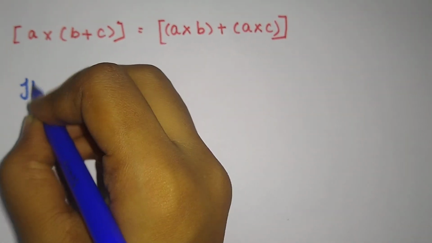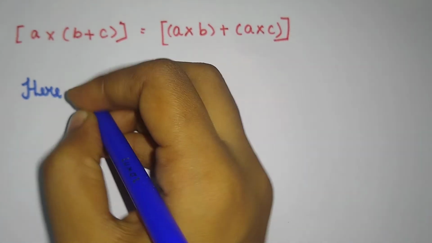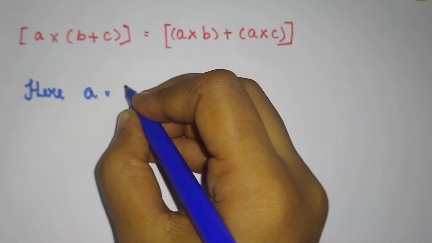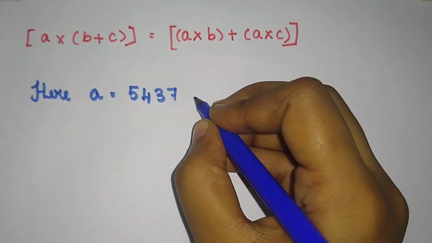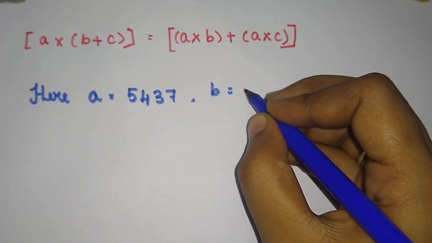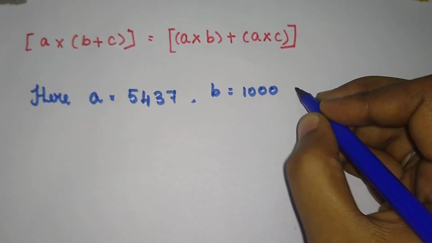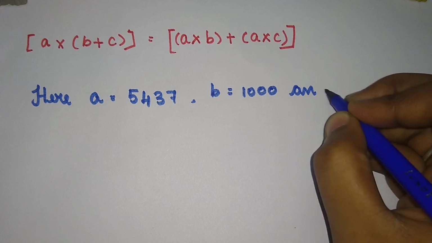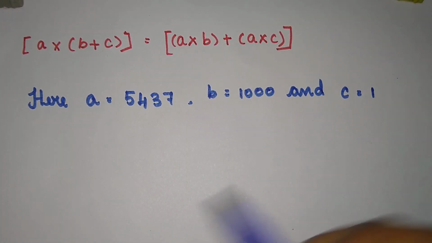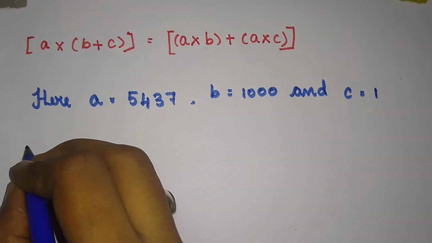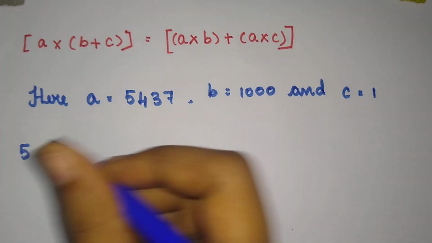Next, we have to substitute these values. Here, A is 5437, B is 1000 and C is 1. Okay. So we have to apply the values in the formula.